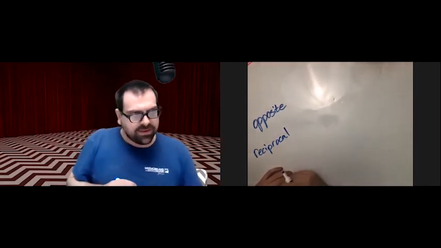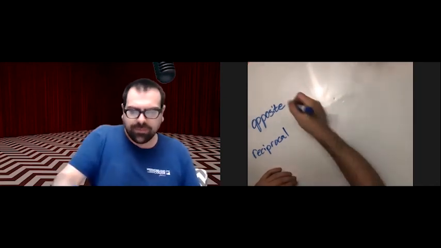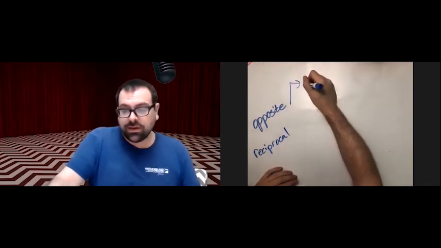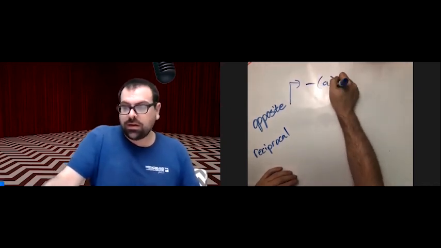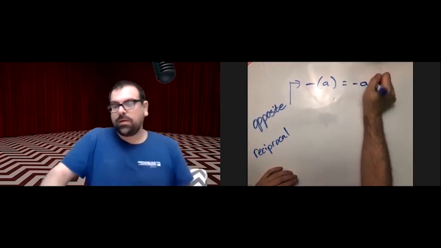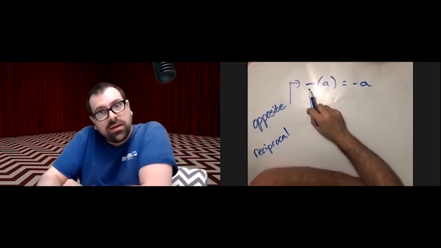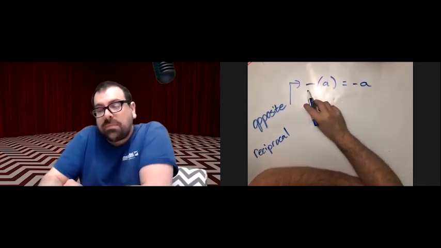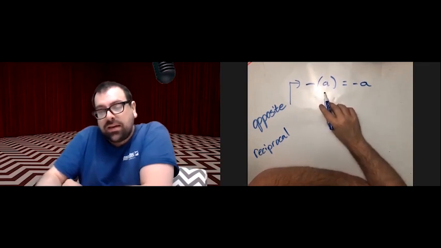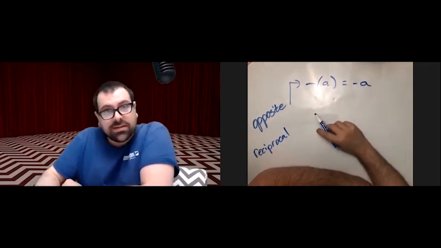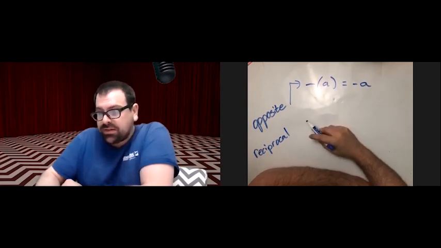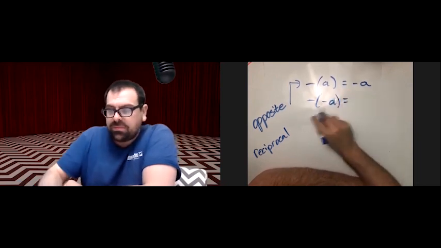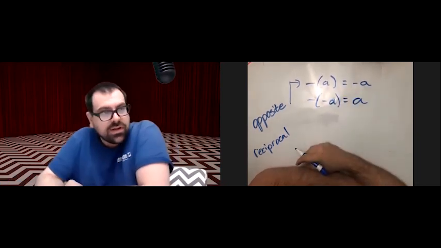So let's define them for the record. Opposite is represented by a negative sign. The opposite of A is negative A if A is positive. If A is negative, the opposite of a negative is a positive.